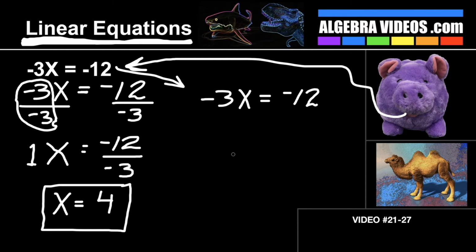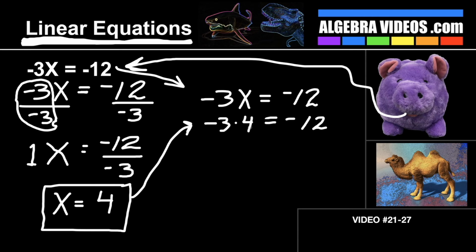And we'll plug in our solution, x equals 4, and see if this equation holds true. So that means negative 3, and instead of writing x, I'm going to write in our solution of 4. So negative 3 times 4 is equal to negative 12.